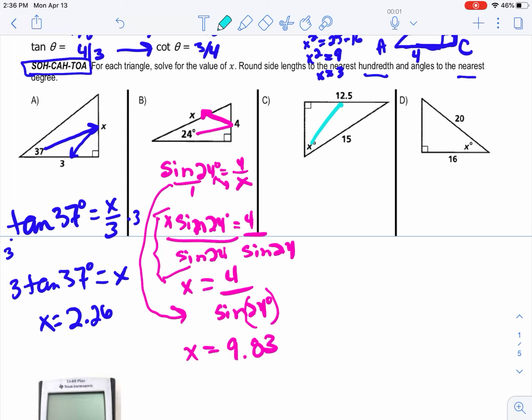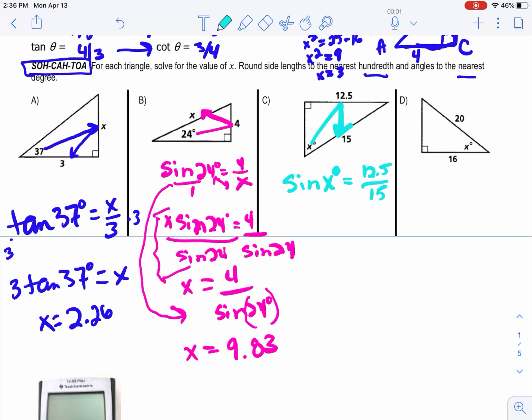Okay, so now we're going to go opposite and 15. We have opposite and hypotenuse. So we have sine, but this time we don't know our x. We don't know our degrees, but we know that that's equal to 12.5 over 15.